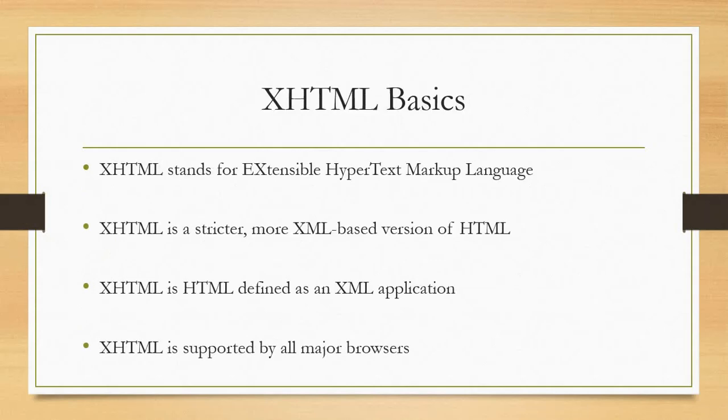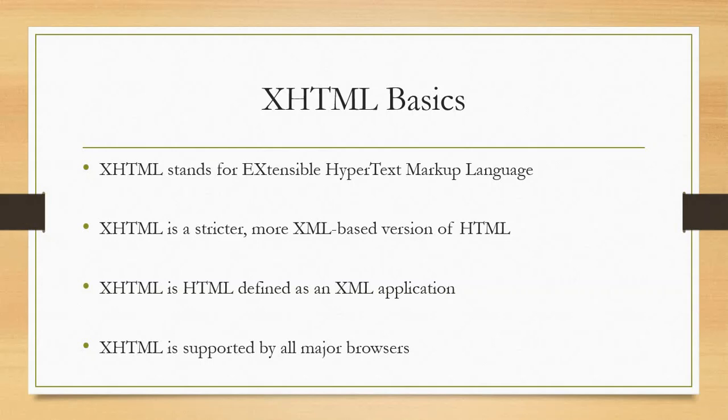So here are some basics on XHTML. XHTML stands for Extensible Hypertext Markup Language. It is a stricter and more XML-based version of HTML. We will cover XML later in this course.